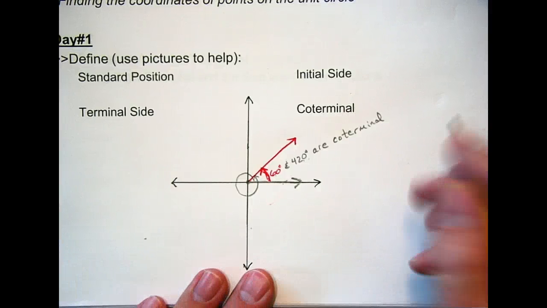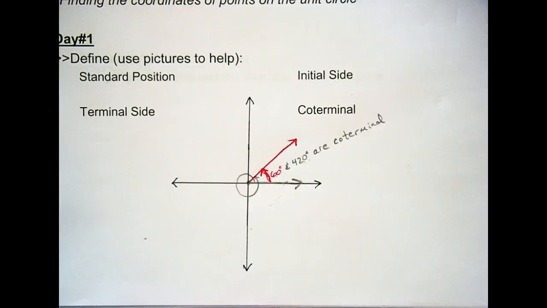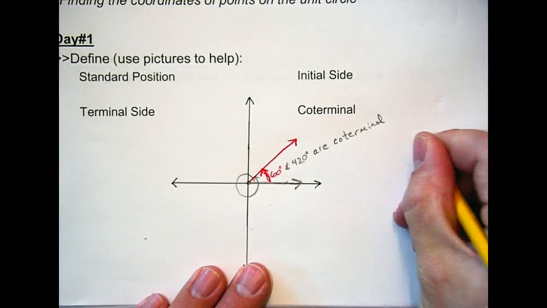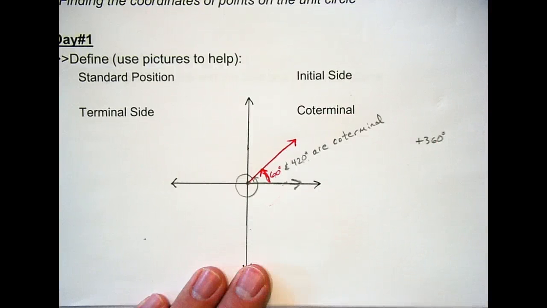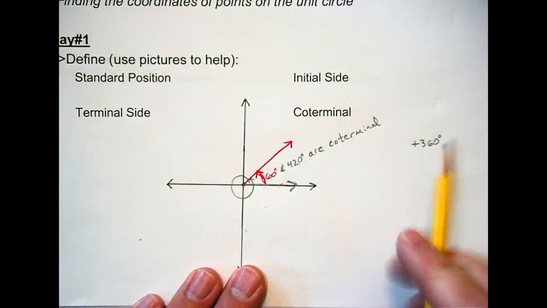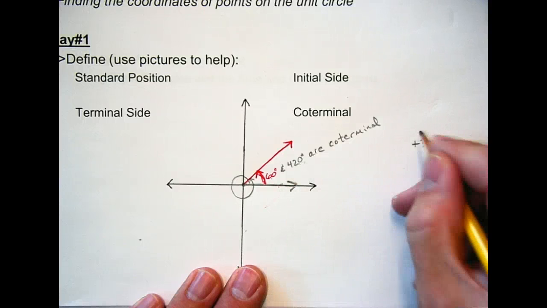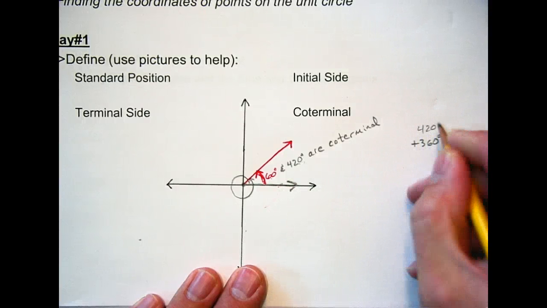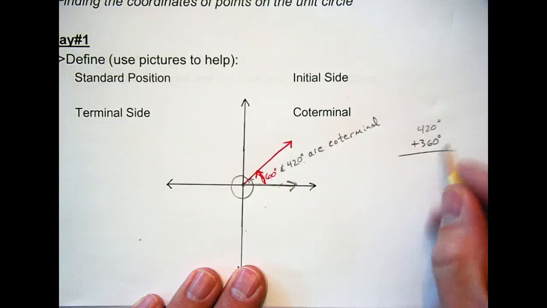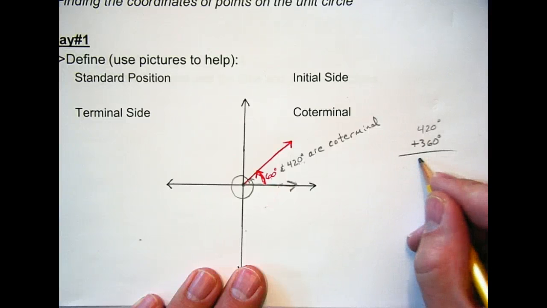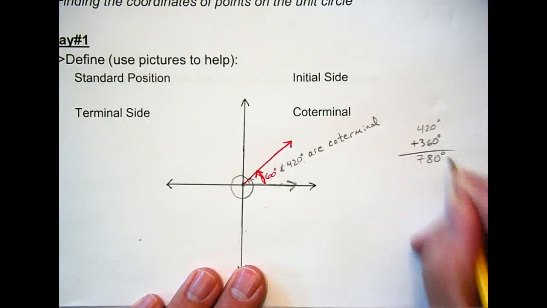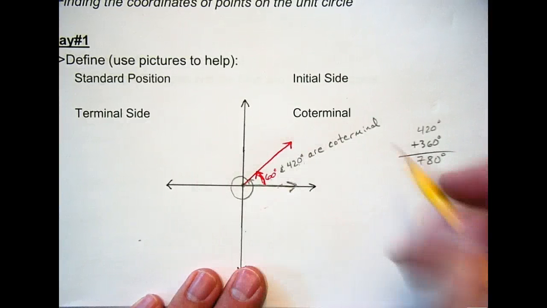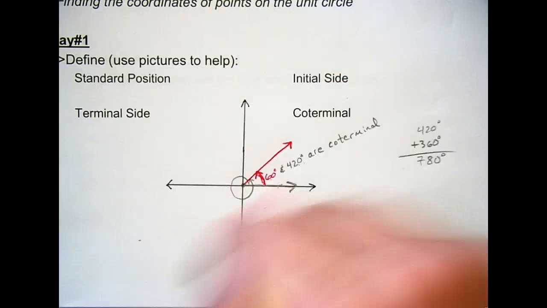What do we do? Add 360. If you just add 360, you don't have to draw the picture. You just add 360, and that's going to give you another one. So 420 plus 360, the next one would be 780. Good. And you could keep going. It's periodic. It just keeps going and going.